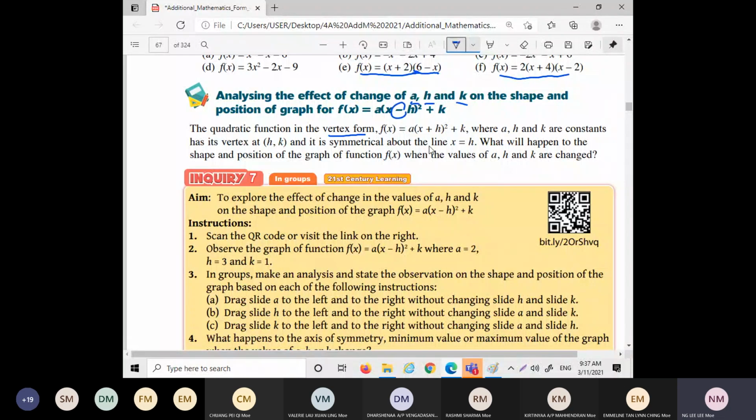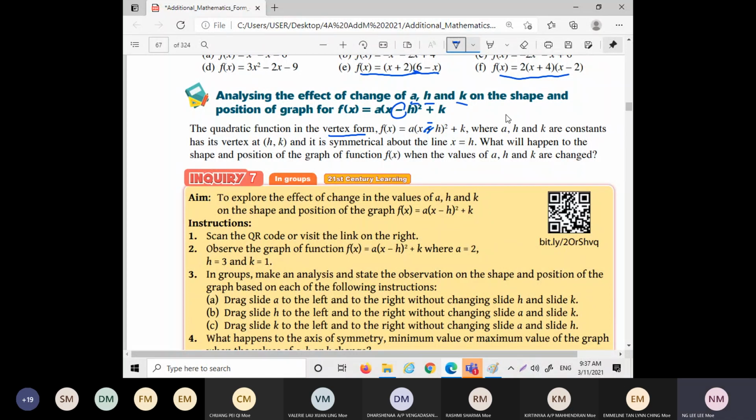Now you see here is minus. Very confusing, that's why this one changes to minus. The quadratic function in the vertex form: a, h, k are constants. Vertex is at (h, k).